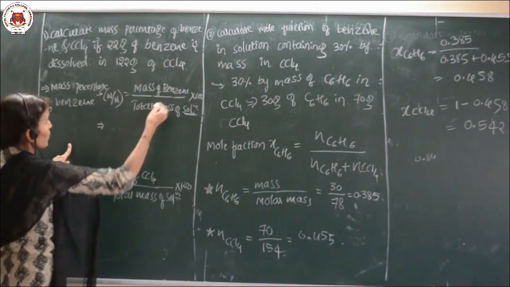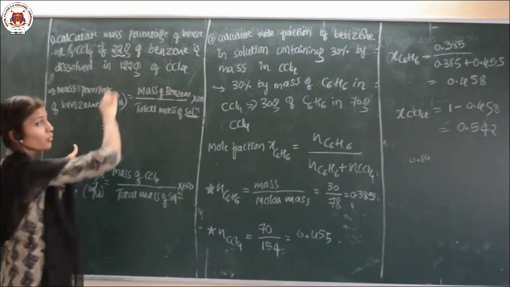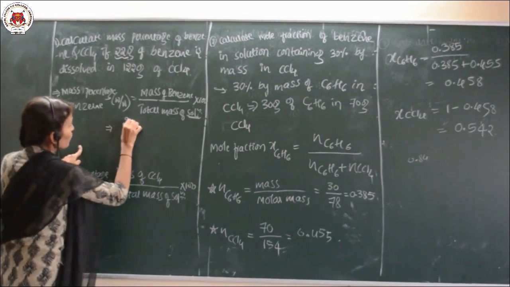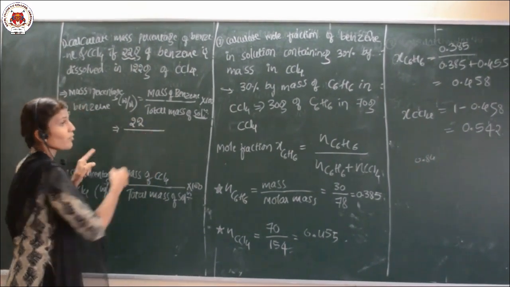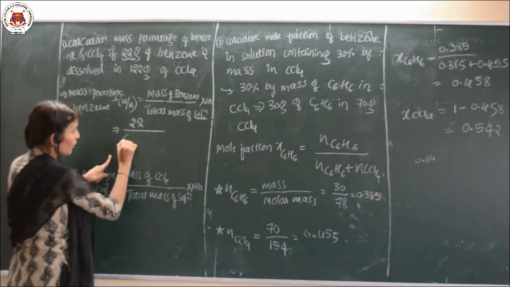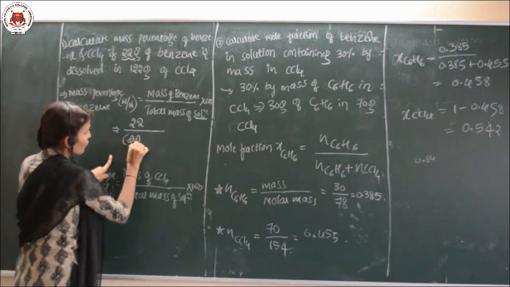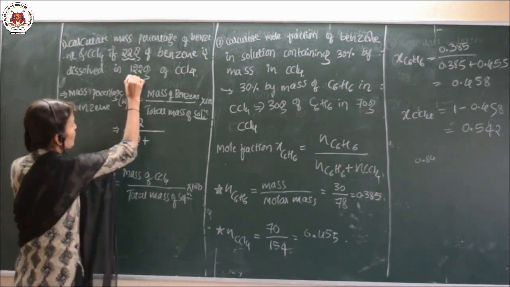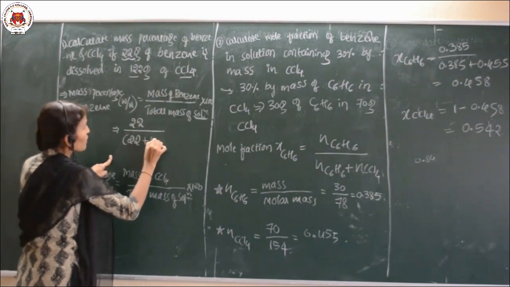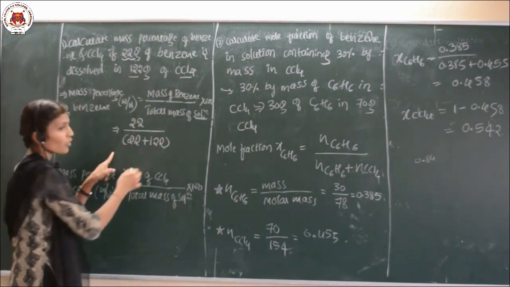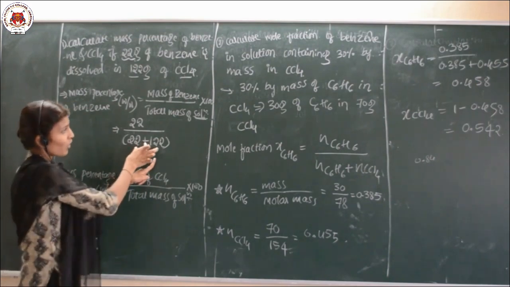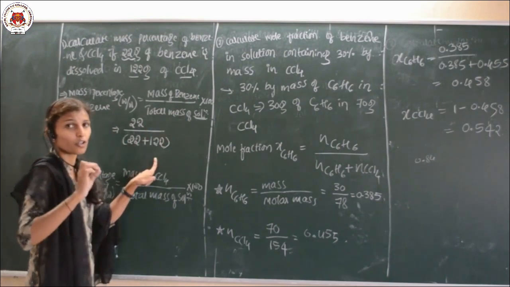The mass of the benzene here is 22. 22 divided by the total mass of the solution, the mass of the benzene plus the mass of the CCl4, because the solution consists of these two. That is why it is included in the total mass.